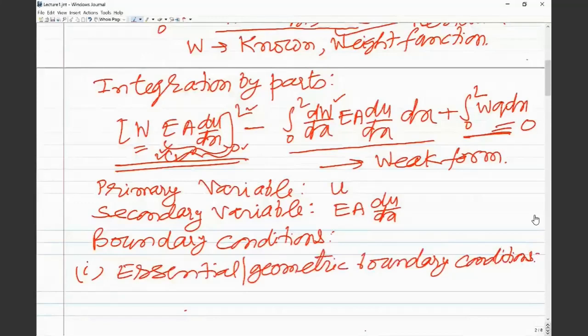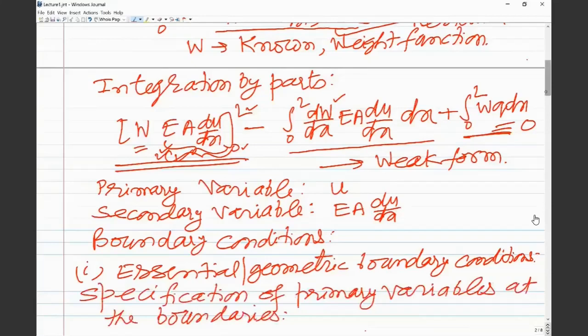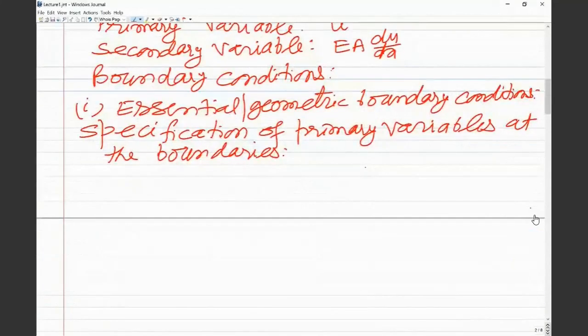The essential boundary conditions are nothing but the specification of primary variables at the boundaries.